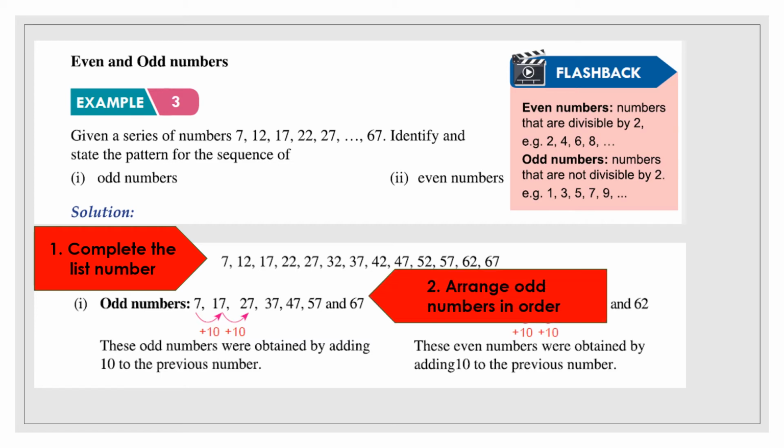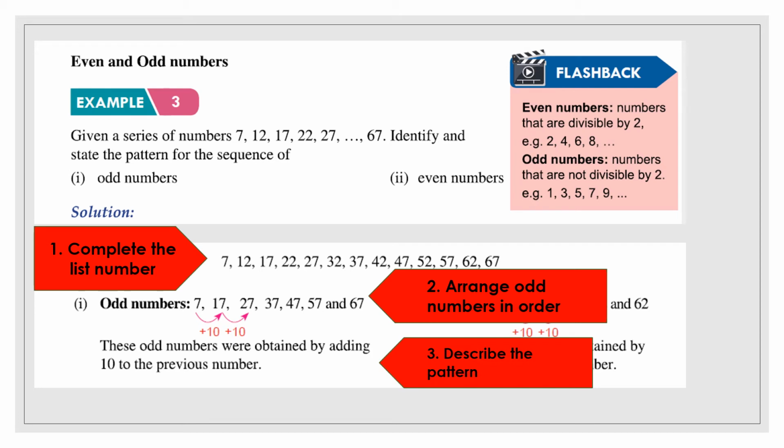Second step: arrange odd numbers in order, such as 7, 17, 27, 37, 47, 57, and 67. We can see the pattern here. These odd numbers were obtained by adding 10 to the previous number. That is how we describe the pattern.